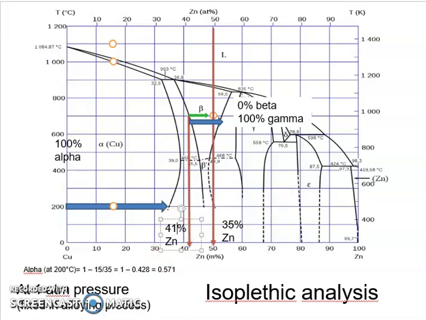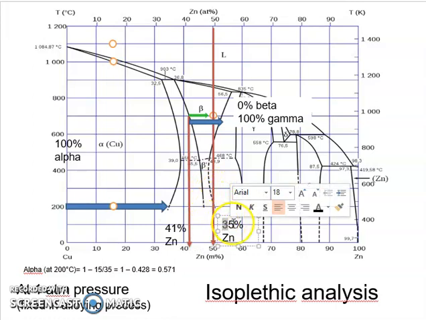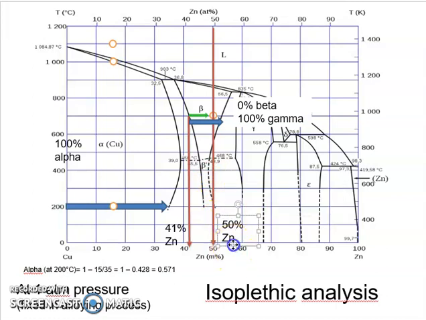Okay, and for the end of the region, sorry, in the middle we have 50. Here we have 50% of zinc. Yeah, and at the end of the region, let's read the next value, and according to my eye, in the middle 50, 54.